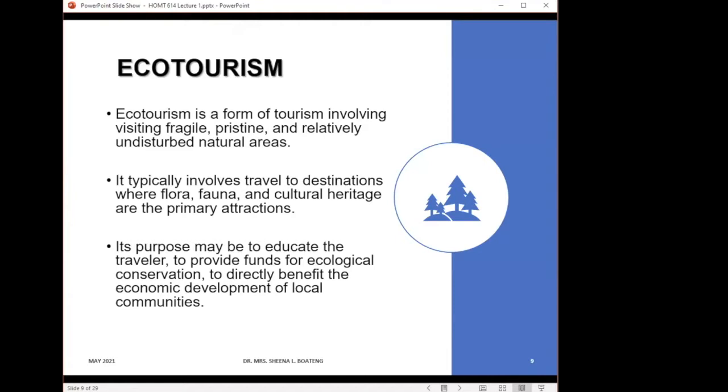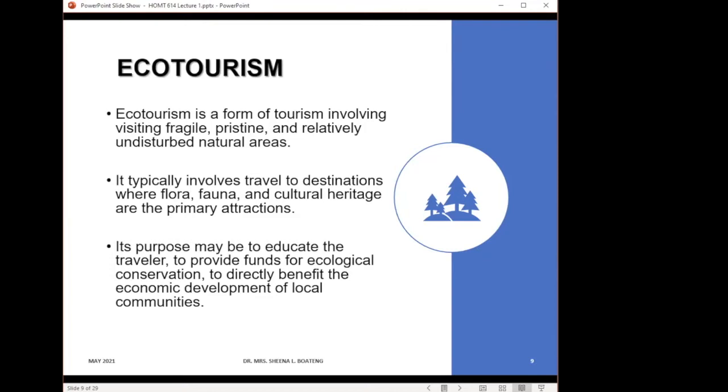So ecotourism is basically a form of tourism that involves visiting fragile, pristine, and relatively undisturbed natural areas. So the Boti Falls, the monkey sanctuaries, the Paga crocodile pond, these can all be classified as part of ecotourism, right? And it typically involves travel to destinations where the flora and fauna and cultural heritage are the primary attraction.